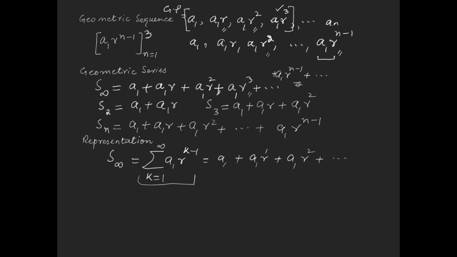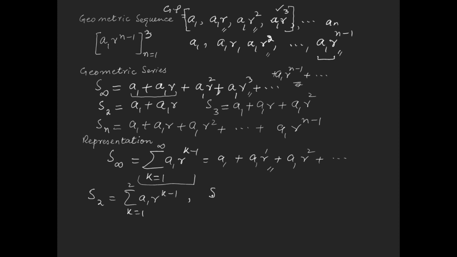But if we are taking, suppose, 2 terms, 3 terms, then if we are taking just 2 terms of this series, then this will be S2, and it will be represented by k from 1 to 2 and a1 r power k minus 1. So it will stop when we are taking 2, and when we are taking 1, this will be the first term, and when we are taking 2, then that will be the second term, and we will stop over here.